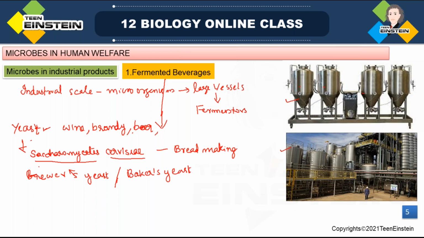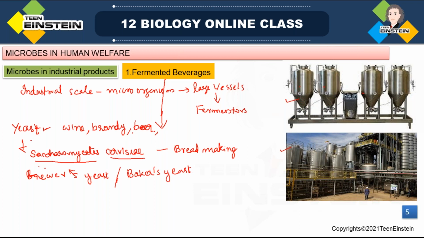Which one? Saccharomyces cerevisiae or yeast. It is called brewer's yeast or baker's yeast because it is used in brewery and bakery also, right? So the yeast, Saccharomyces cerevisiae, is also called brewer's yeast, and it is used in the production of ethanol.